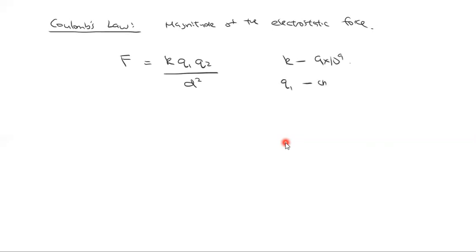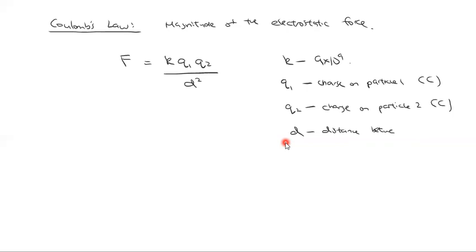Q1 is the charge on particle 1 in coulombs. Q2 is the charge on particle 2, also in coulombs. And d is the distance between the particles, measured in meters.